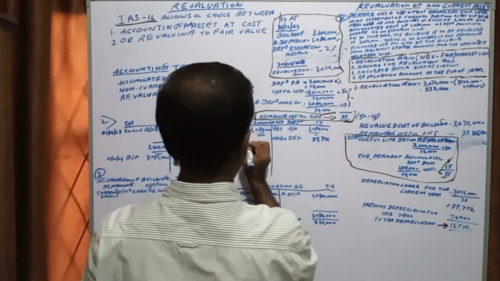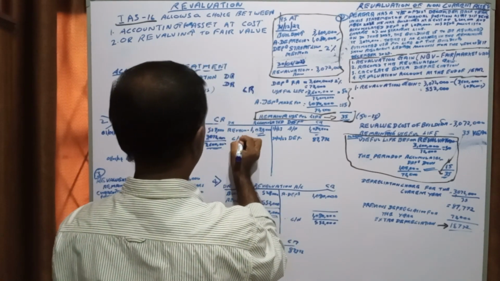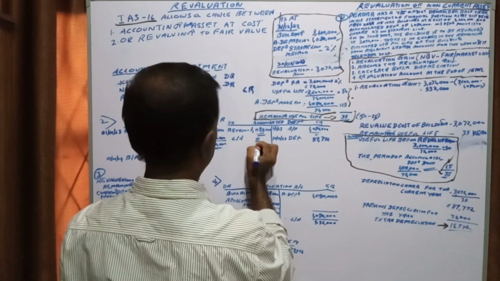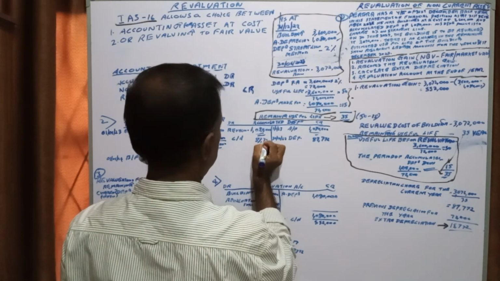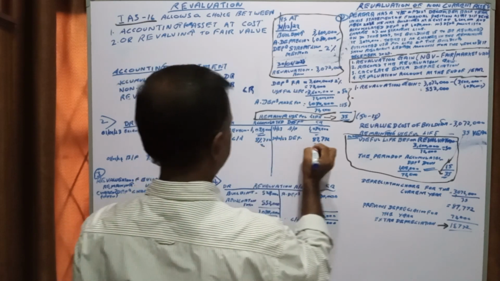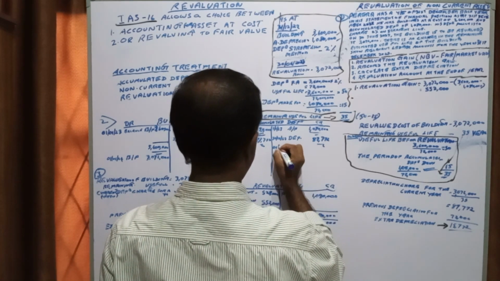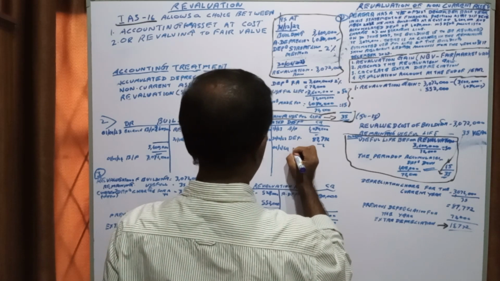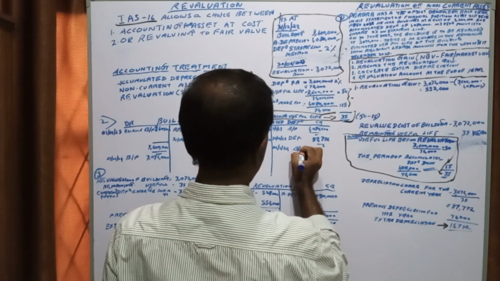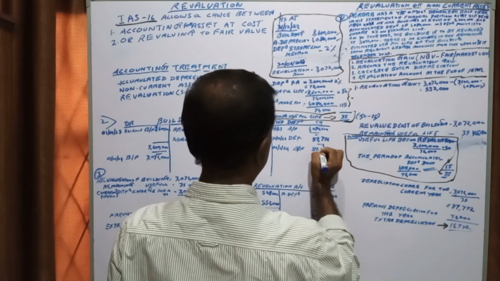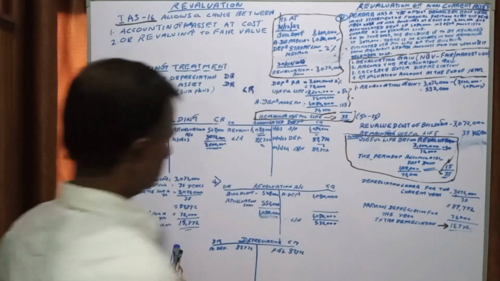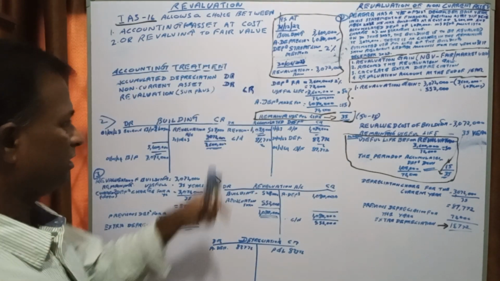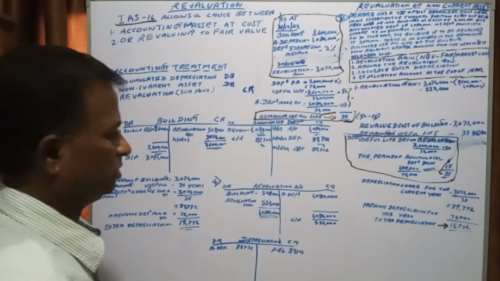This is the carried down balance, 87,772, brought forward on the first of 2024, 87,772. So we have done the new depreciation.